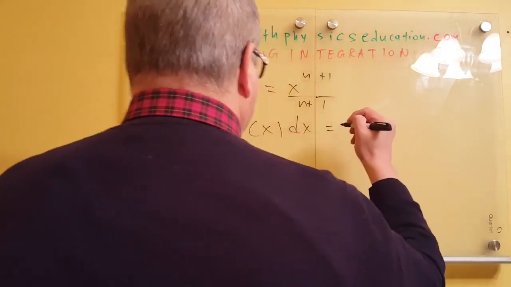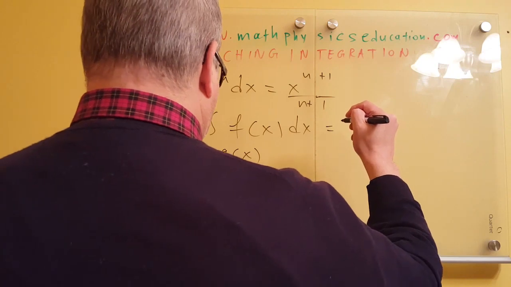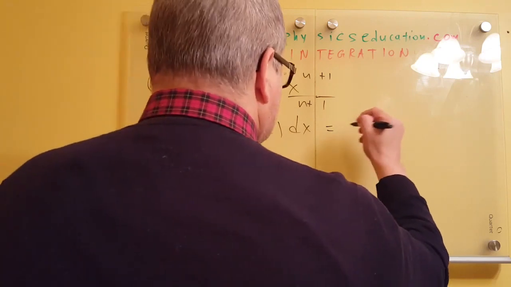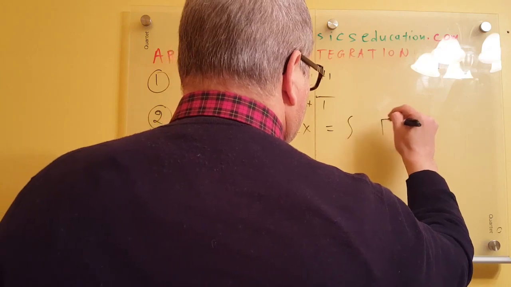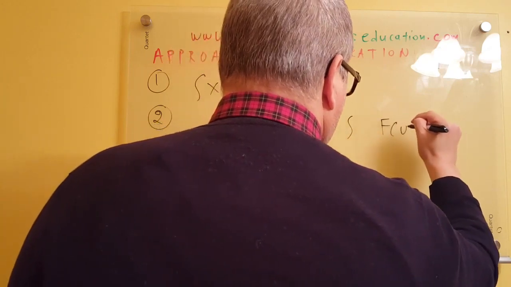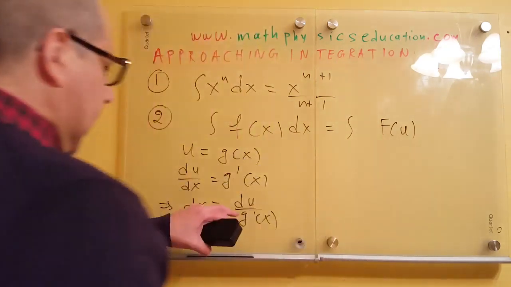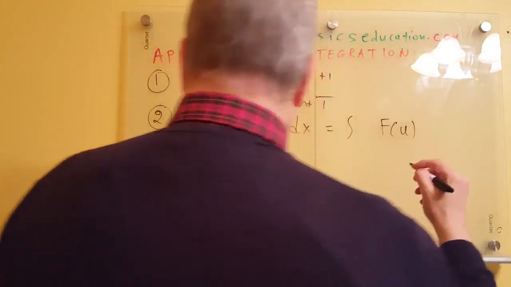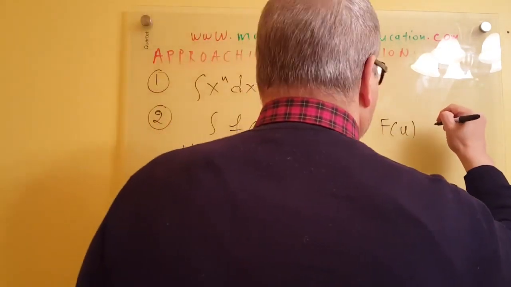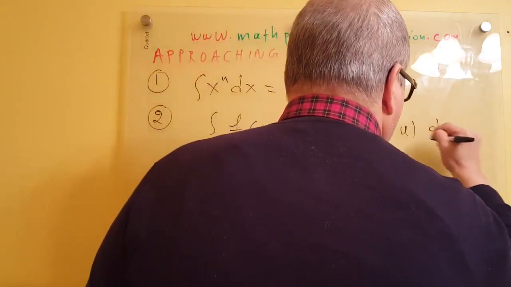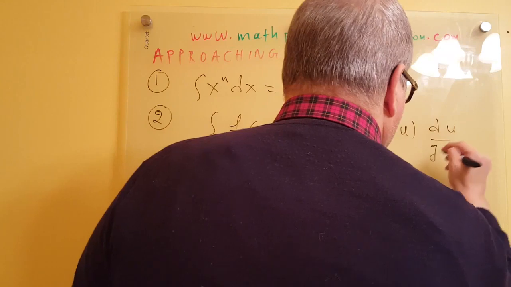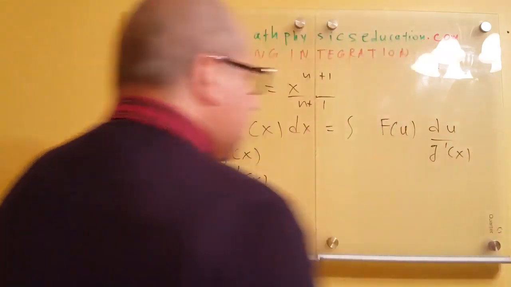What we will have is, of course, some new function f of u, and instead of dx you will have du over g prime of x.